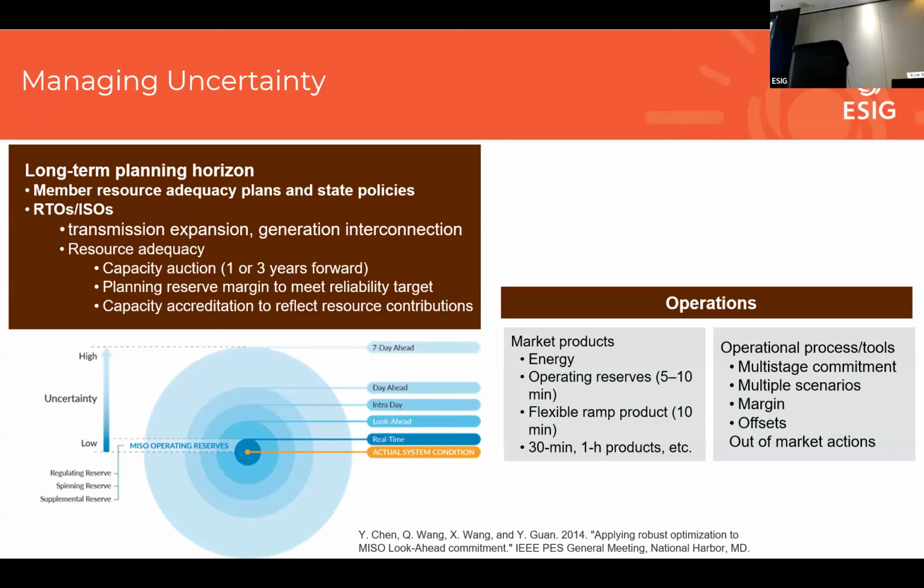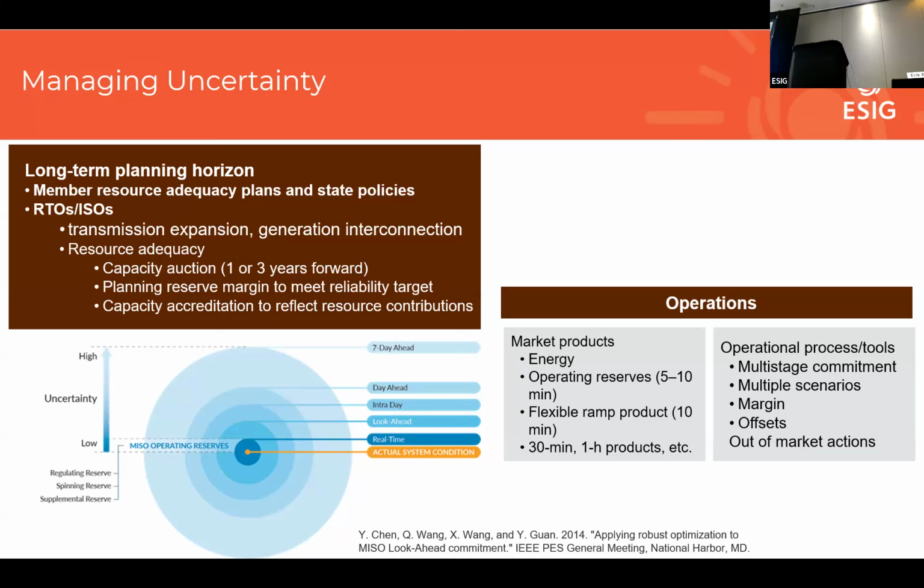And then the operational process normally starts about a week ahead. Most of these ISOs and RTOs have this multi-day commitment process. Even though it's not a market, grid operators want to make sure there's sufficient capacity in the week-ahead time frame. And then if necessary, they will commit long-lead generators, those generators that need multiple days to start.